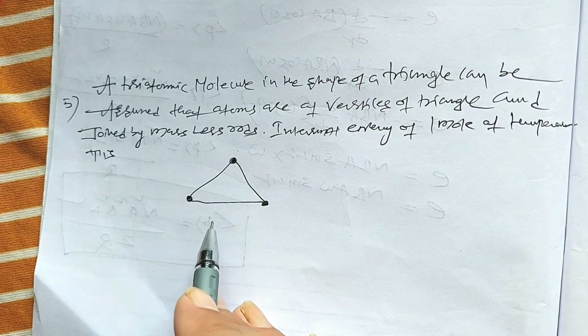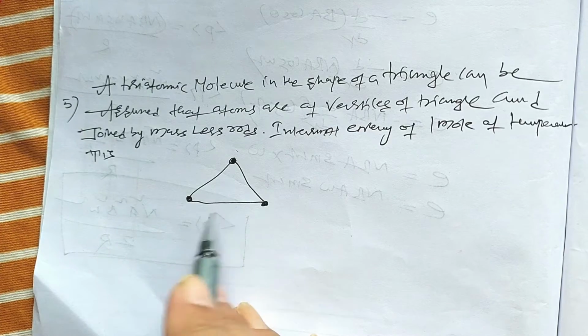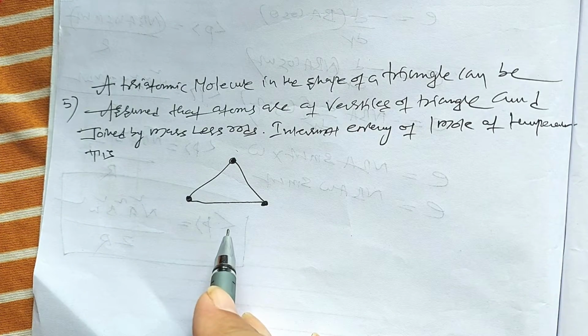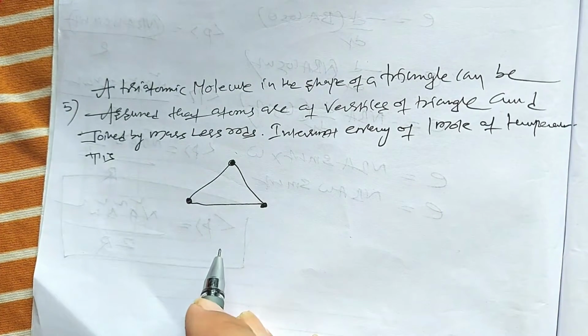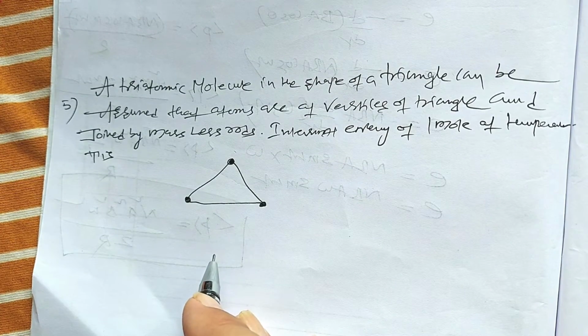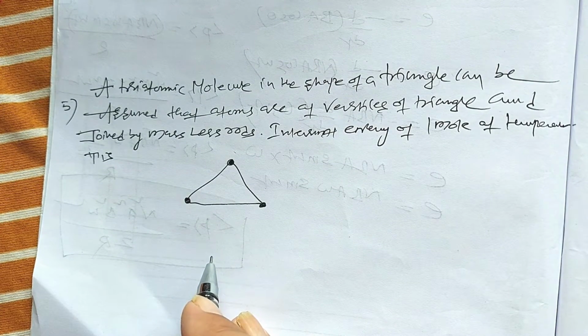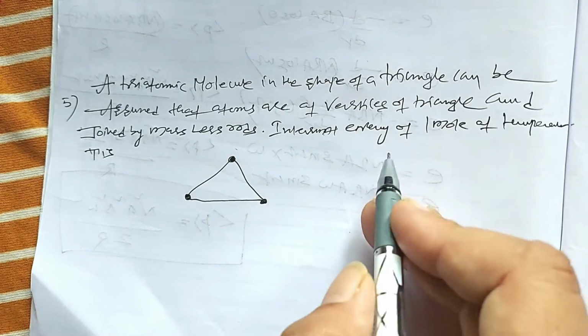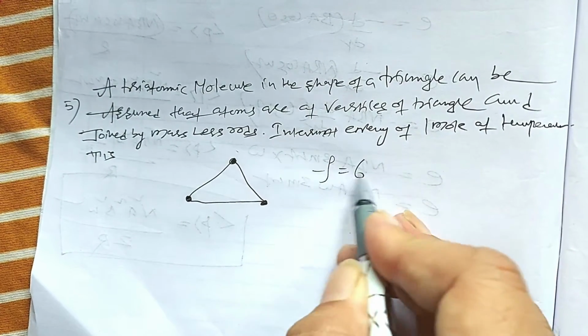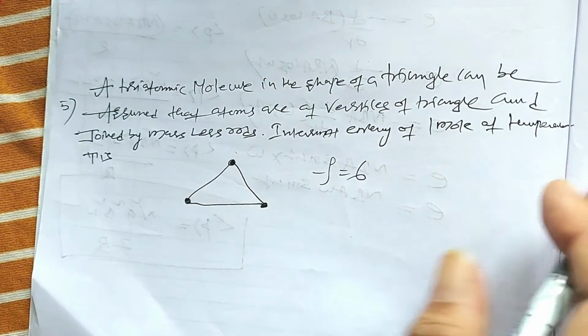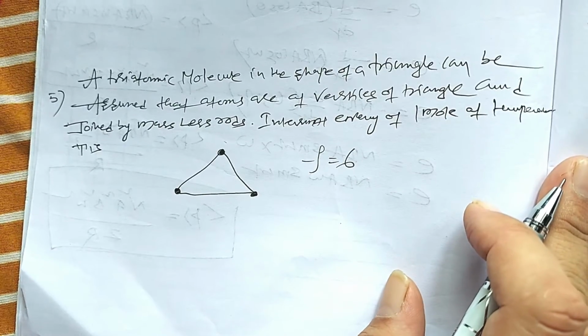See, this triatomic molecule is a non-linear molecule, so it has 6 degrees of freedom. How many degrees of freedom here? 6 degrees of freedom.